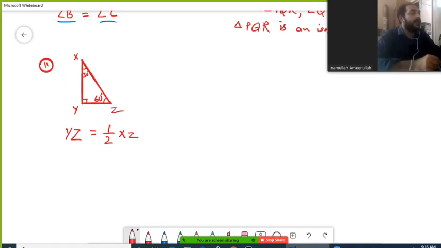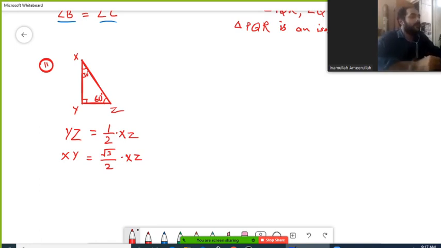Then angle Z is of 60 degrees. So here I'll say the length XY is root 3 by 2 times of the hypotenuse, that is XZ. So these two things we need to remember.